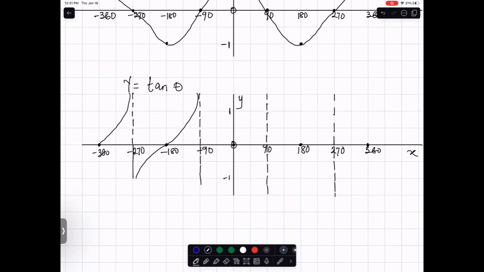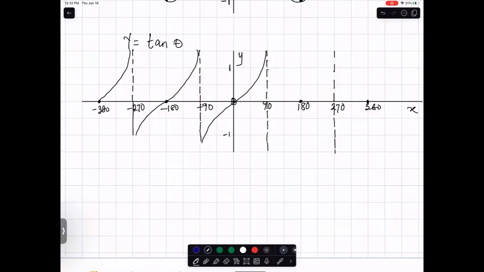We have 0 when tan is 0. We have our curve. So when tan is 180, I have it.